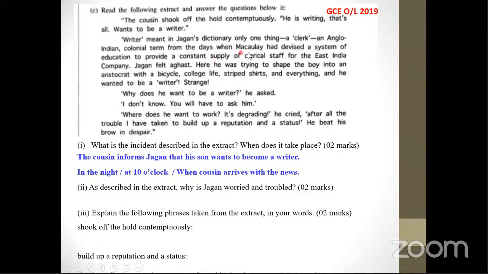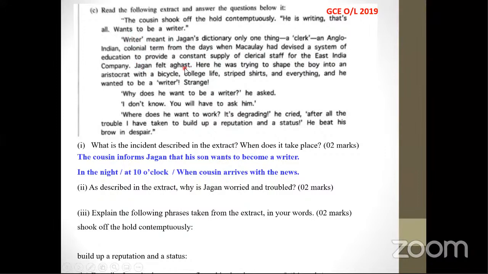I was speaking about Macaulay coming here. In 1835 he introduced a memorandum for Indian education. In that, all that Jagan remembers is that education would provide a constant supply of clerical staff for the East India Company. So clerk or writer means a clerk for Jagan.